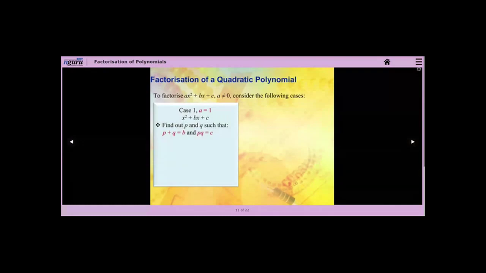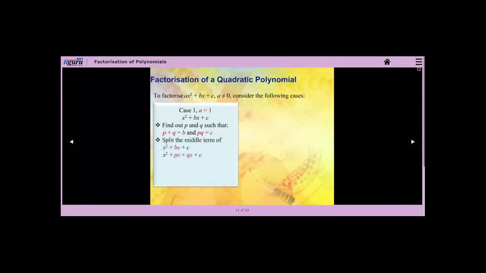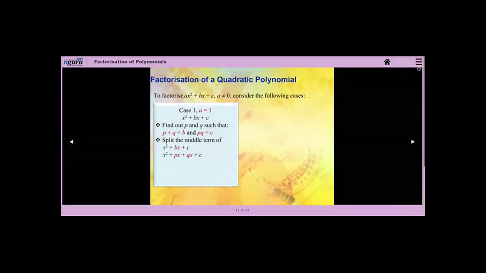Find out the values of p and q such that their sum is equal to b and product is equal to c. Then split the middle term bx into px plus qx. Once the terms are grouped, express the given polynomial as the product of linear factors.